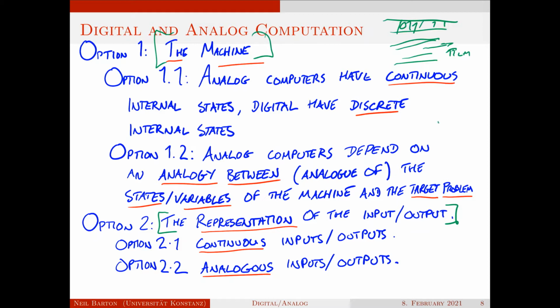So for instance, where we have a model of the celestial bodies, and this is our computing device, what we're trading on here is that this model of the celestial bodies that we're going to use to compute bears an analogous relationship to the actual celestial bodies that we want to find the positions of, right?